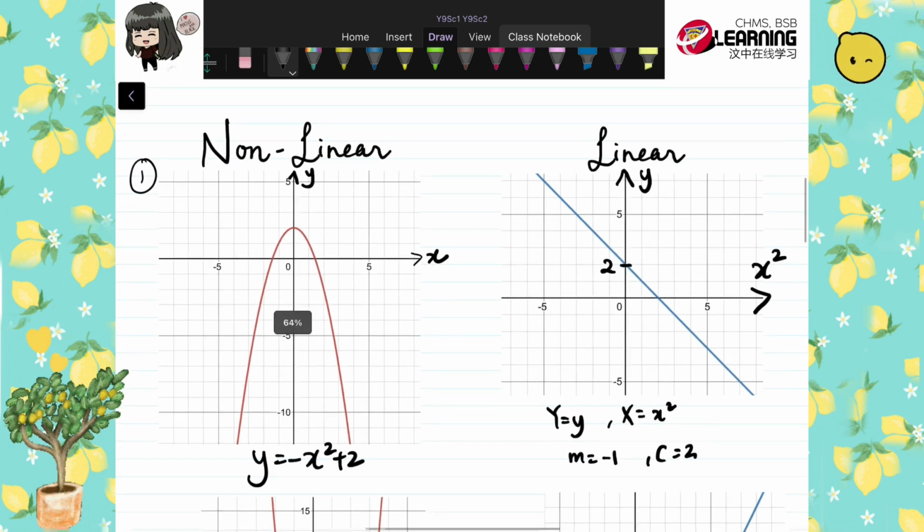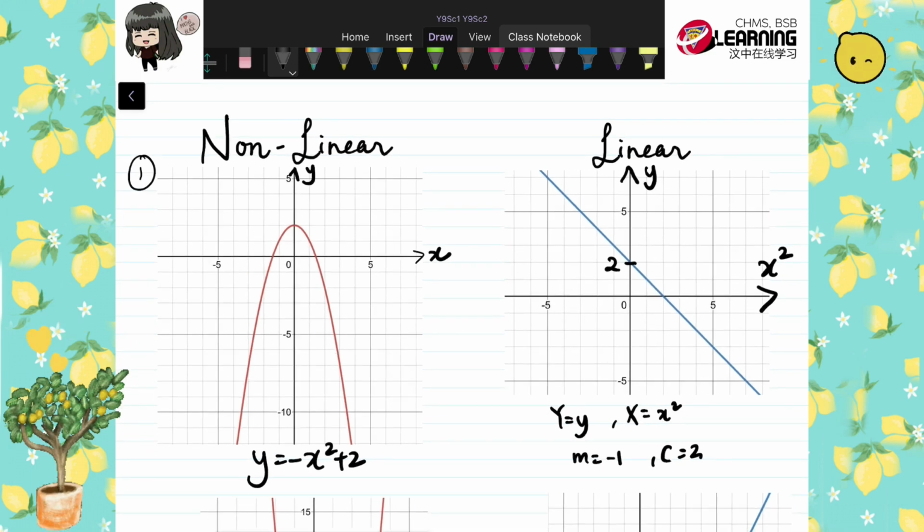So we want to convert the non-linear to linear by changing the x and the y. Okay, sometimes y and x have no changes, but definitely one of them changes or both of them change. Okay, so this is how we're gonna transform, by changing the big Y and big X, right?